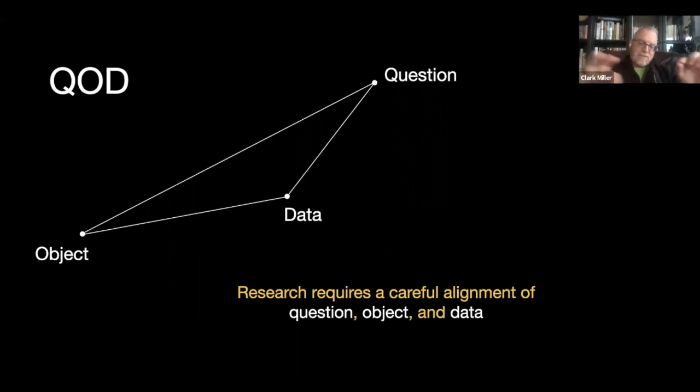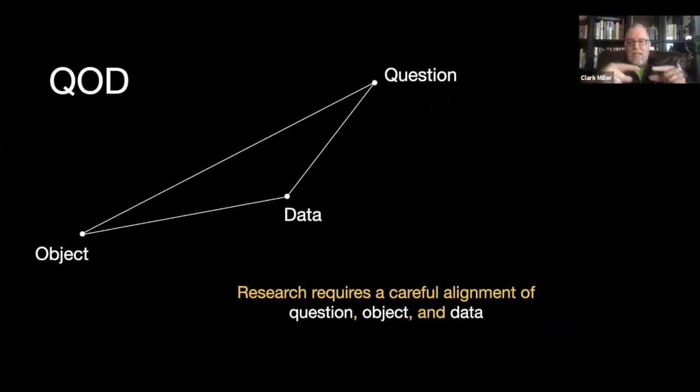And so this triangle is what you have to align at the heart of research methods in order to get good answers, right? You got to figure out what your question is, you got to figure out what your object of study is, and you got to figure out what data you're going to collect about that object of study in order to answer the question.